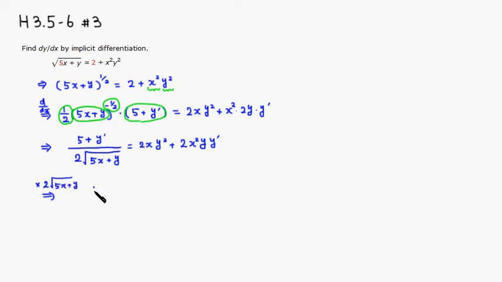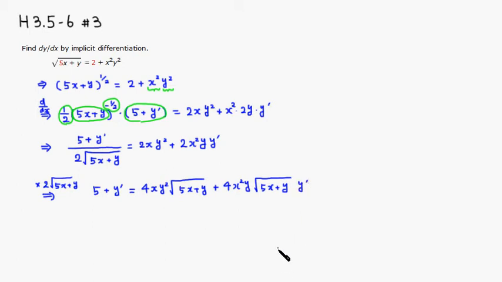This is going to be 5 plus y prime is equal to 4xy squared square root of 5x plus y, plus 4x squared y square root of 5x plus y times y prime.